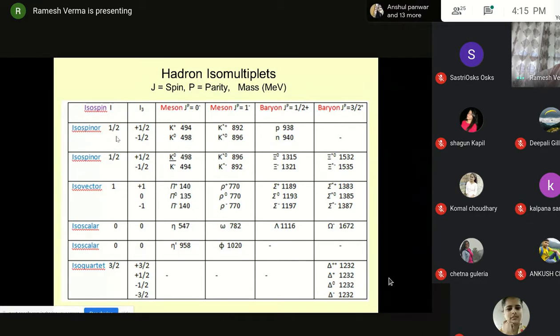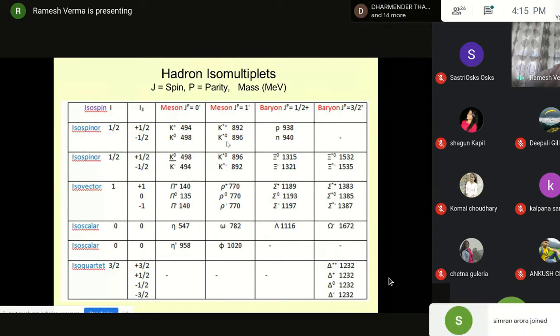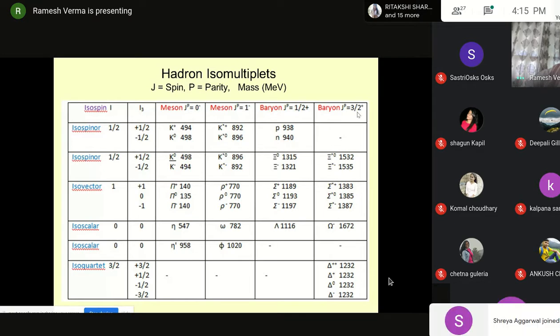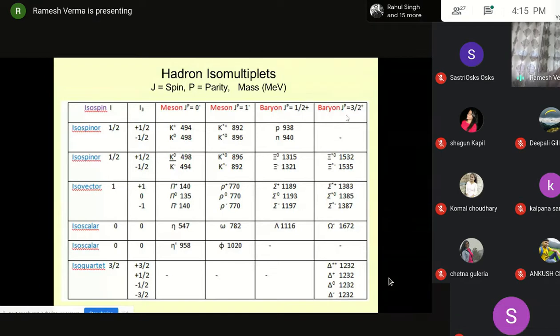So we have isodoublets, two isodoublets: K plus, K0, and K0 bar, K minus. And the same thing is happening for vector mesons too. And in the case of baryons, we have two isodoublets for spin 1/2 baryons, and then one isodoublet for the 3/2 plus particle. Plus means parity here. J is the total spin.